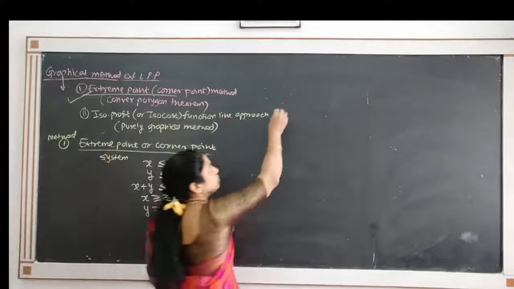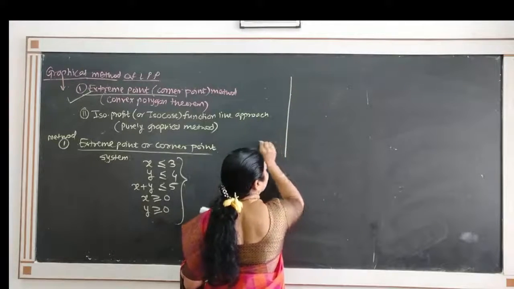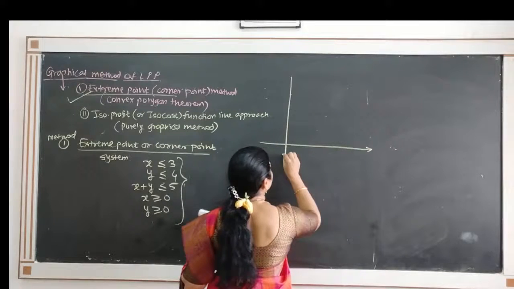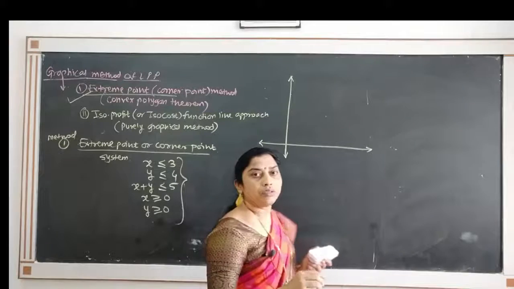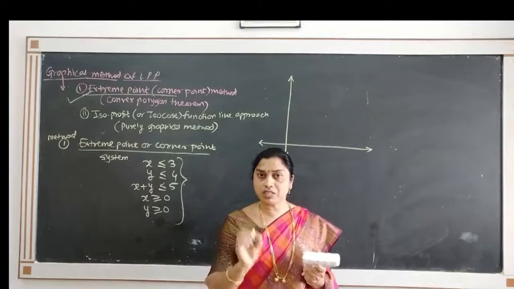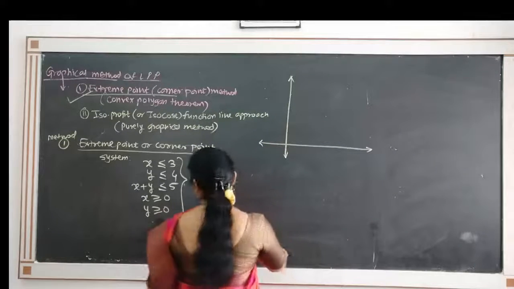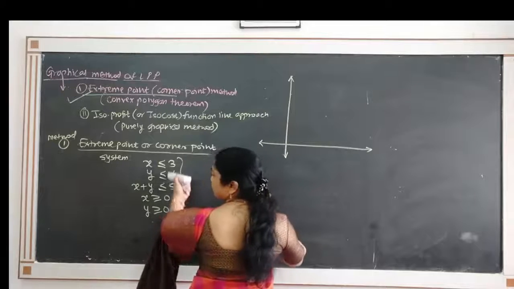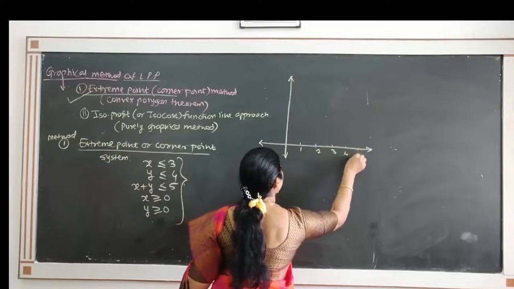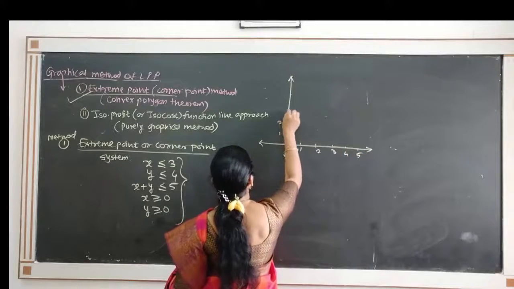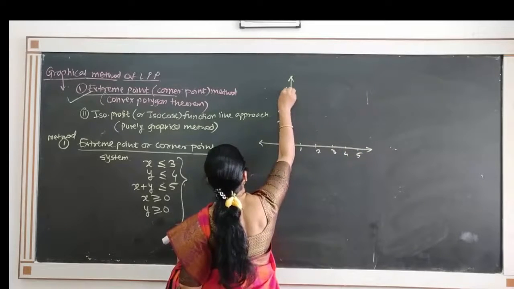Simply we draw the graph correspondingly. Yesterday we have seen how to solve a system of linear equations graphically. So I will consider the scale up to 5 only.